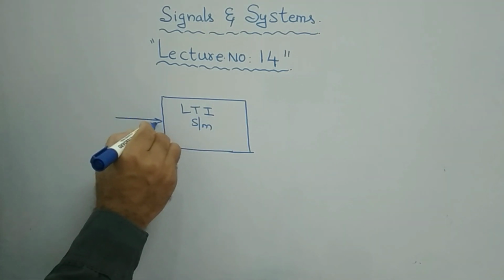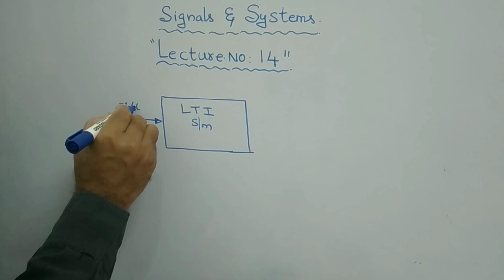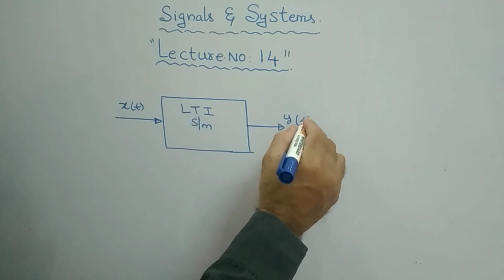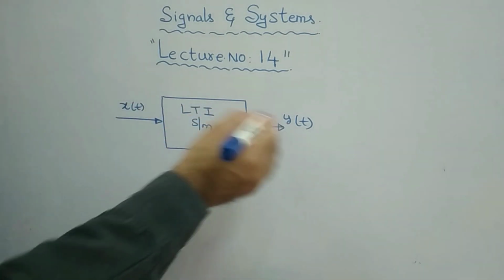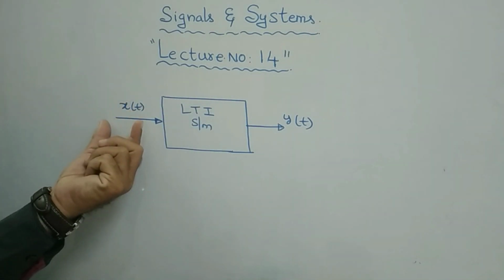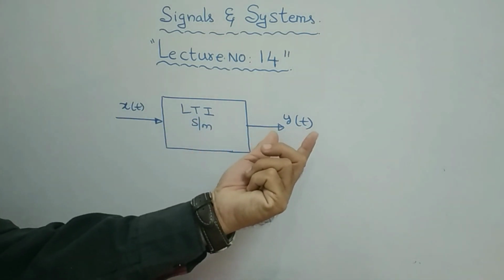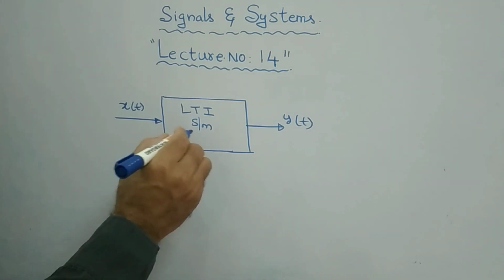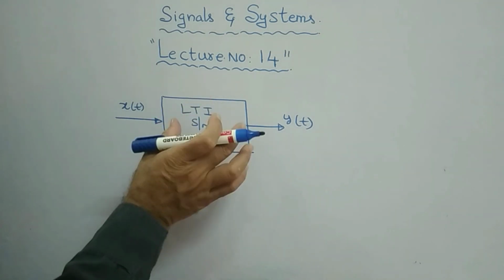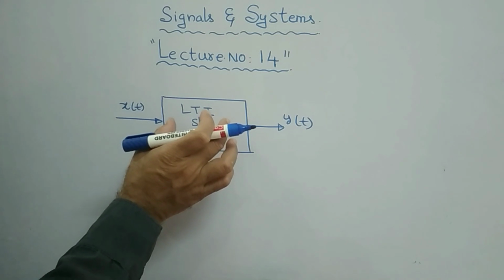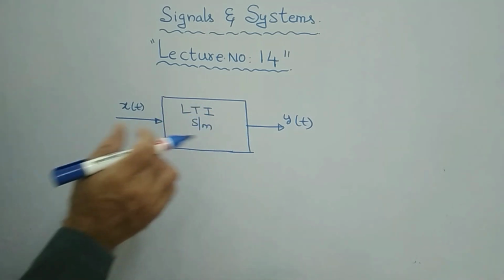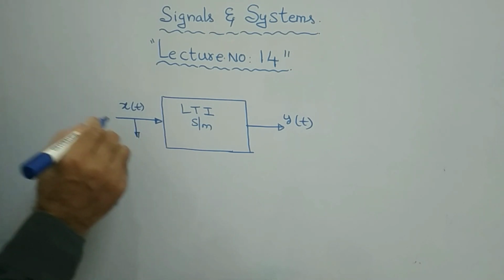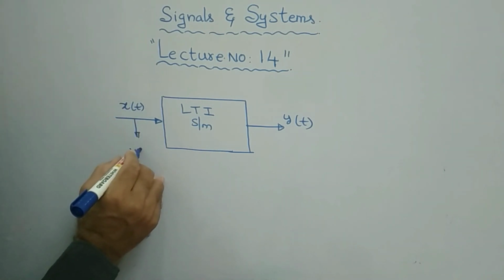As I already explained just now, x of t is your input and y of t is your output. These are in the time domain. Your x of t is a time domain input as well as your output is also in time domain. Let us say the frequency content of x of t is X of omega.